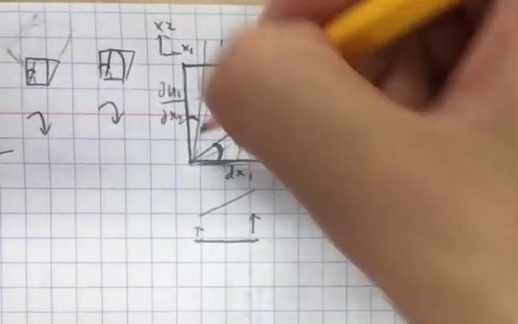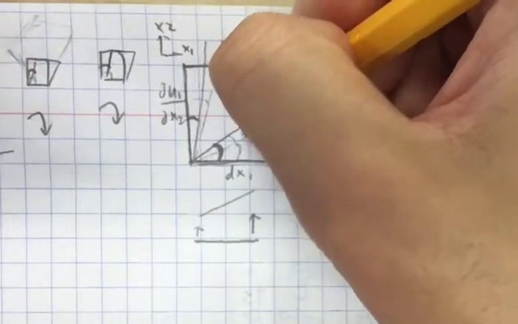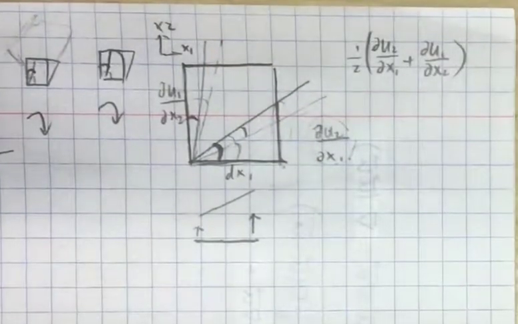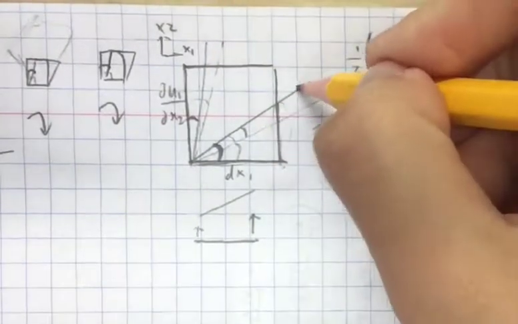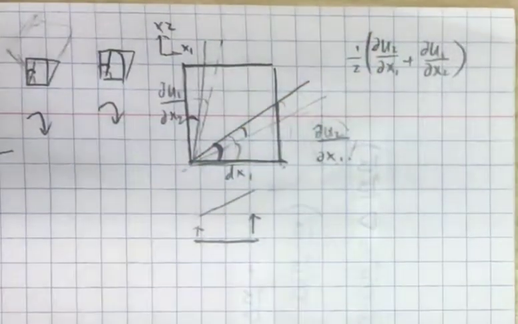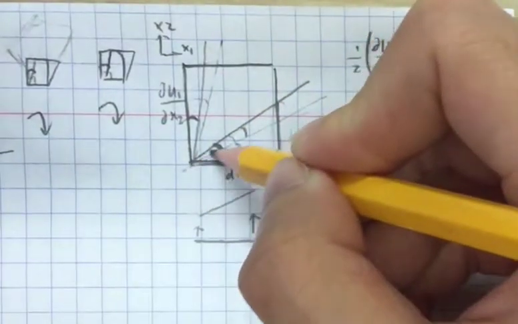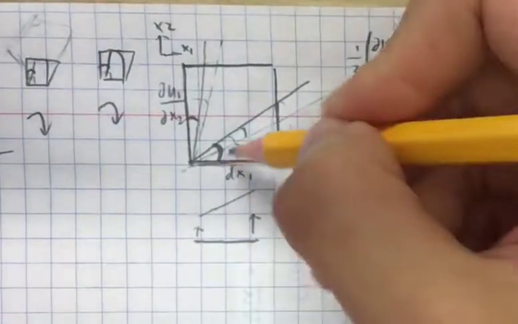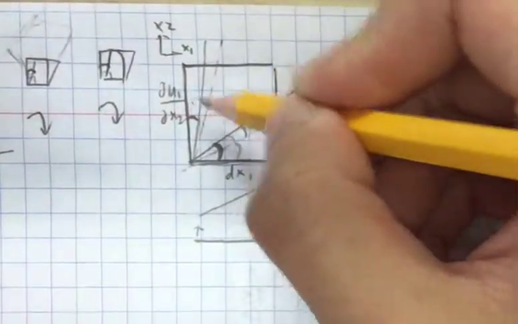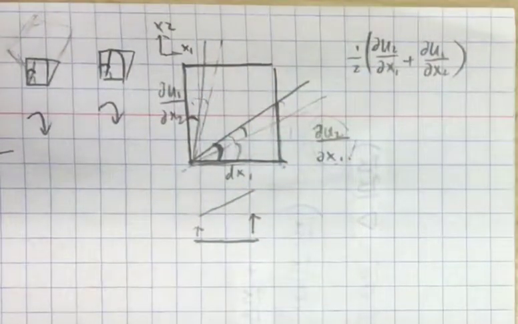Okay, so what will be this value? This value is the angle which we have here minus the angle that we artificially made equal on both sides.